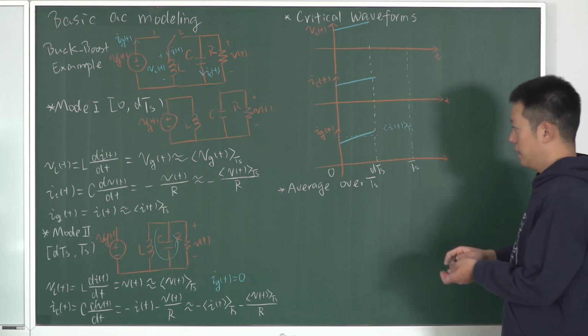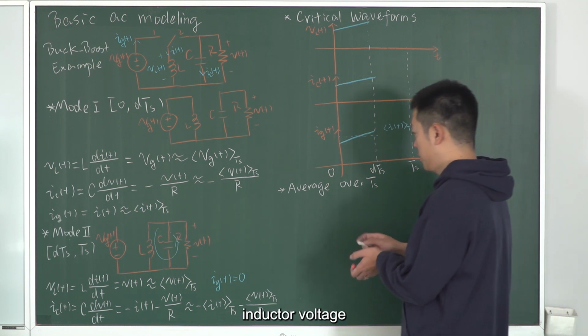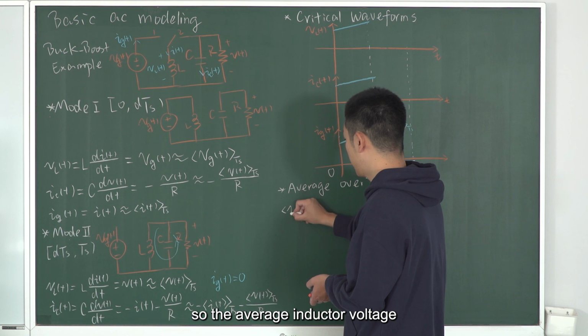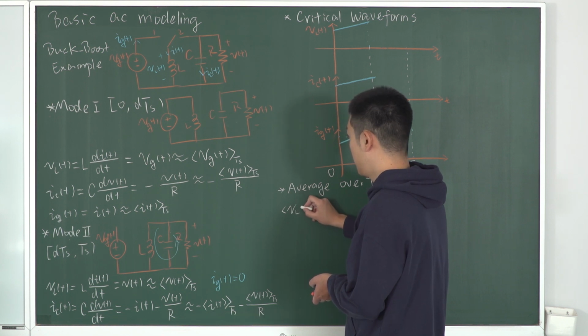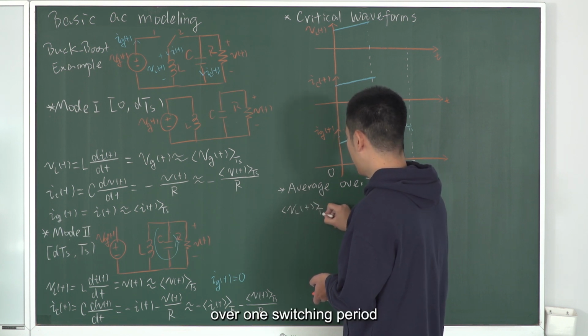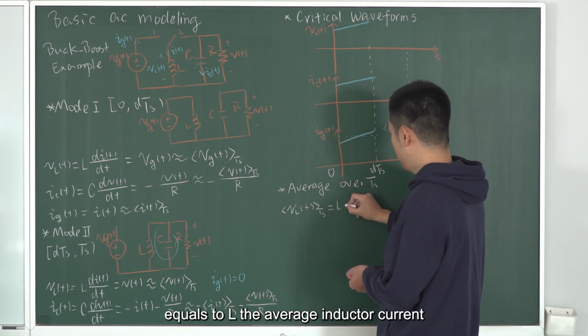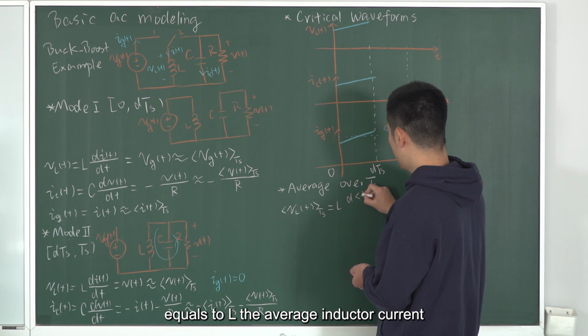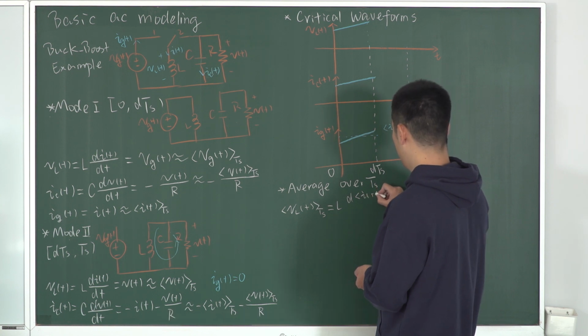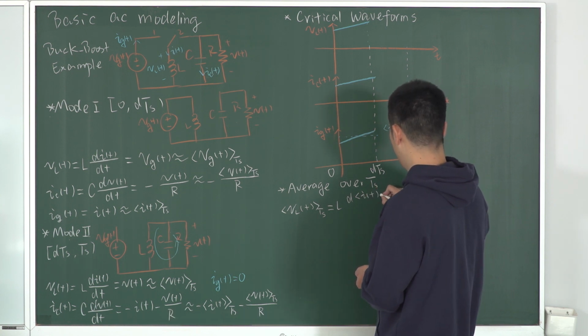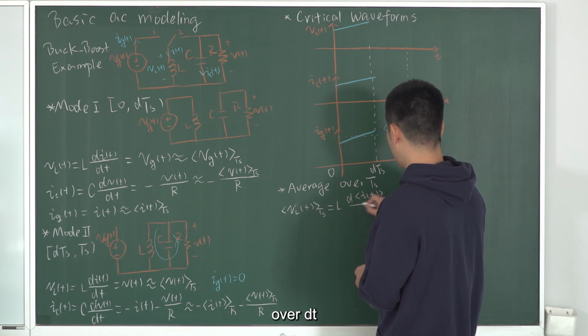First will be the inductor voltage. So the average inductor voltage over one switching period equals L times d of the average inductor current over dt.